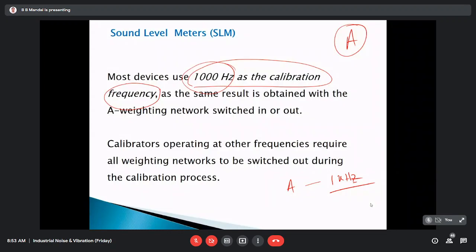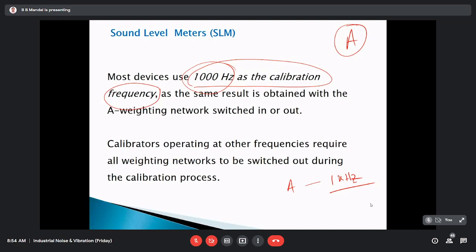That means whether you switch on the A-weighting network or switch off the A-weighting network or switch off all other networks, the value will be the same. Without any interference, whether you are using A, C, Z or switching in or out, the value will remain the same. That's why there will be no chance of making any mistake.